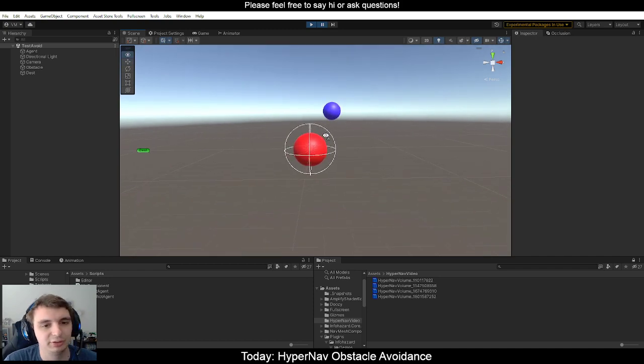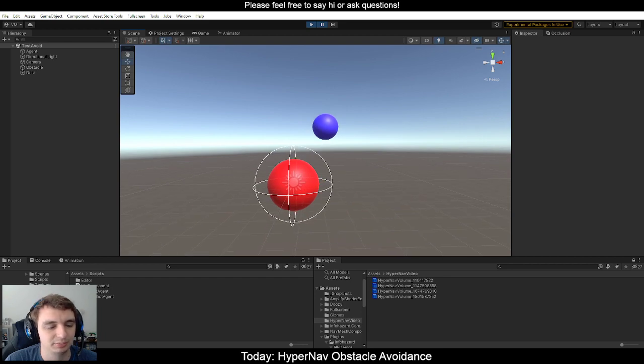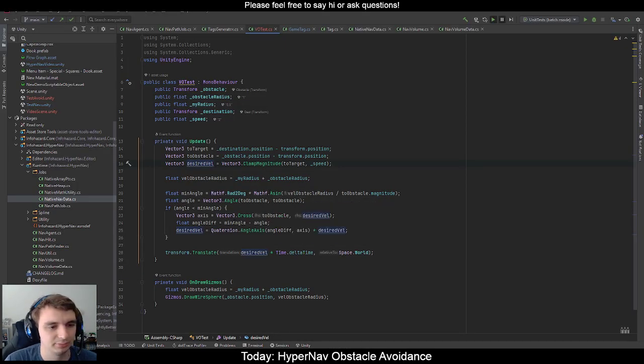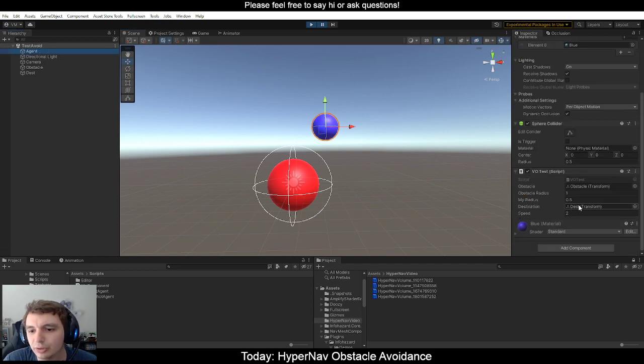So let's see if we can figure out why the angle it's deciding on is twice what it needs to be. So the min angle is val obstacle radius over, then val obstacle radius is going to be 1.5.